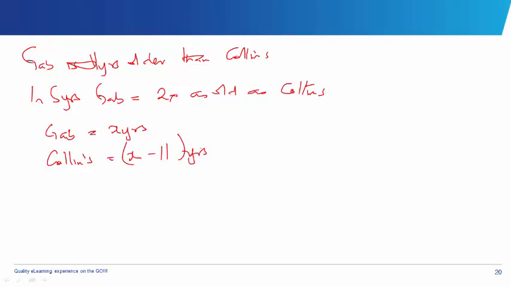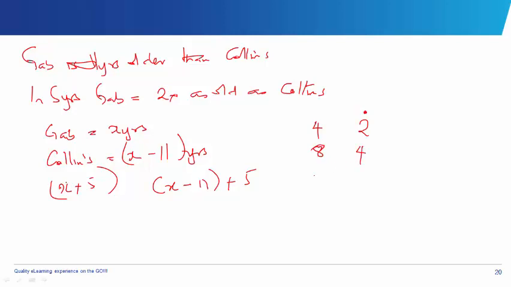Now, in 5 years' time, Gabriel will be twice as old as Collins. What does this mean? In 5 years, Gabriel will be x plus 5 years, and Collins will be x minus 11 plus 5 years. Twice as old means, let's say Gabriel is 8, then Collins will be 4.